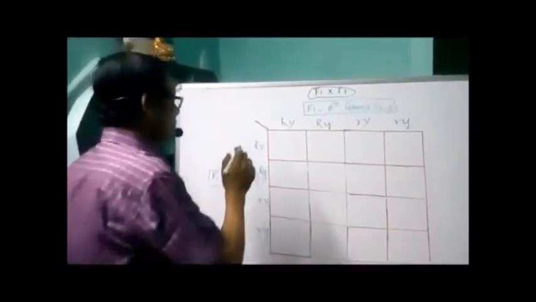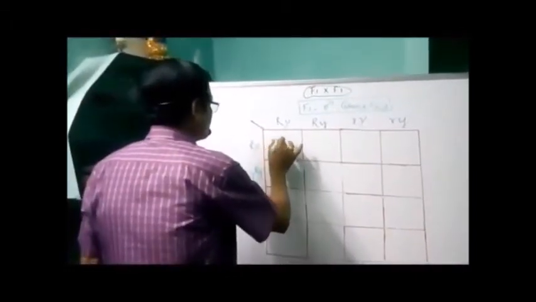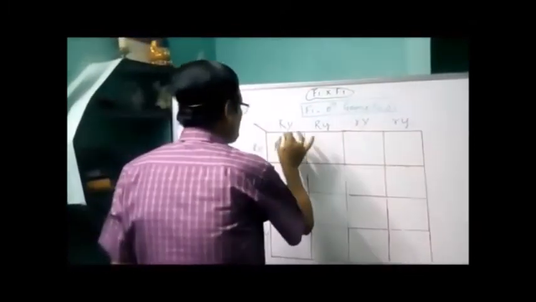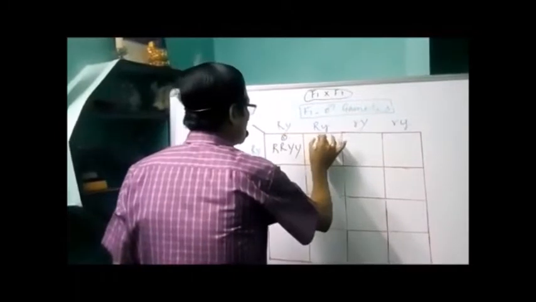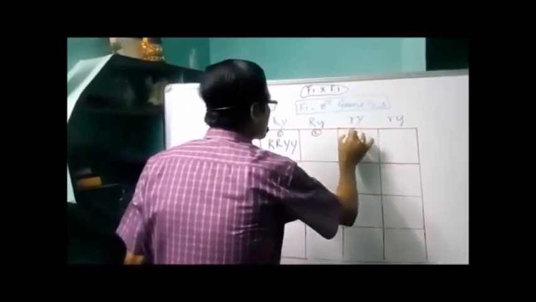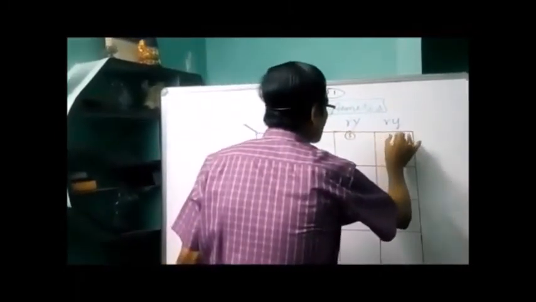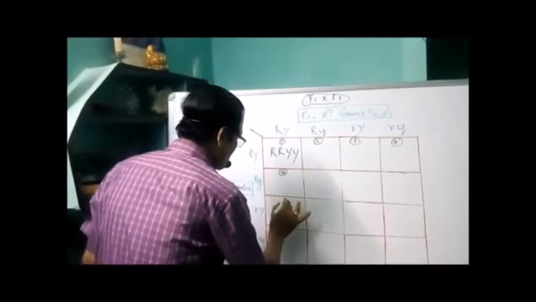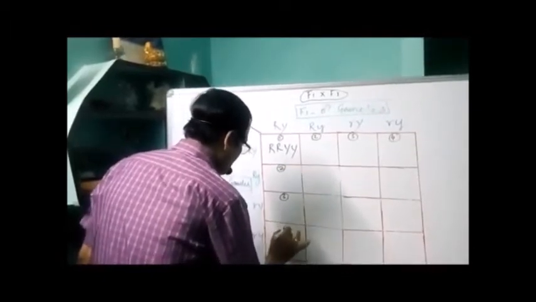Now I am writing the combination, simple multiplication. This is box number 1, this is box number 2, this is box number 3, this is box number 4 horizontally. I am taking vertically also box number 2, box number 3, box number 4 to identify.